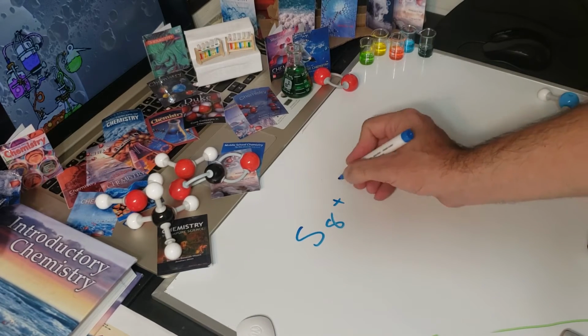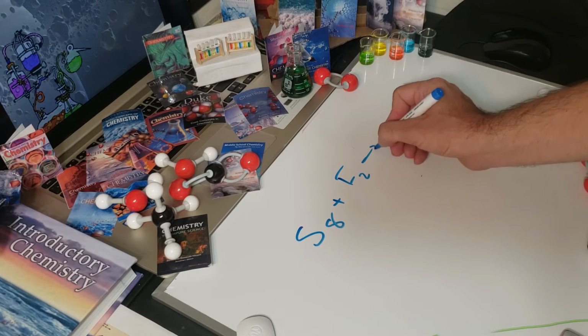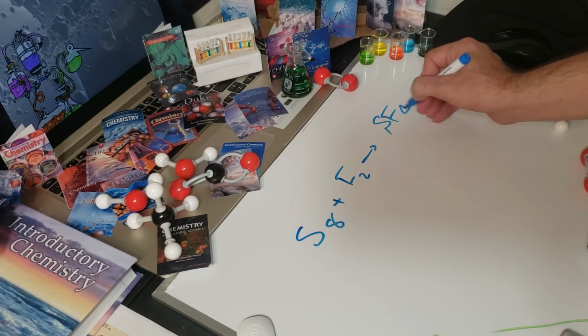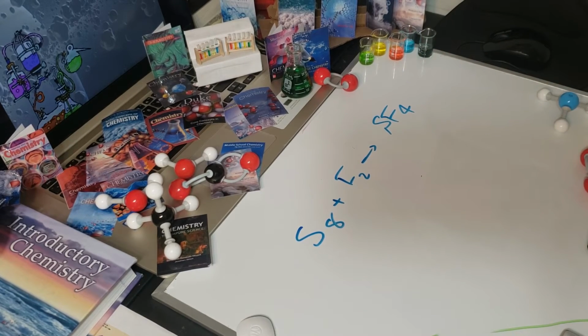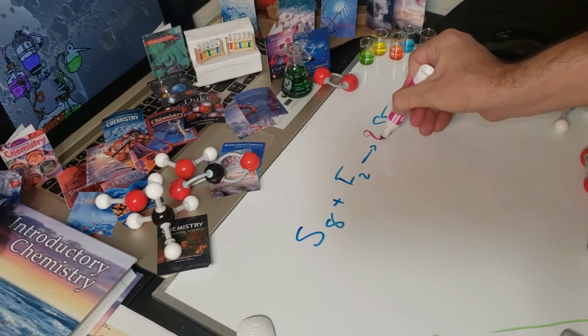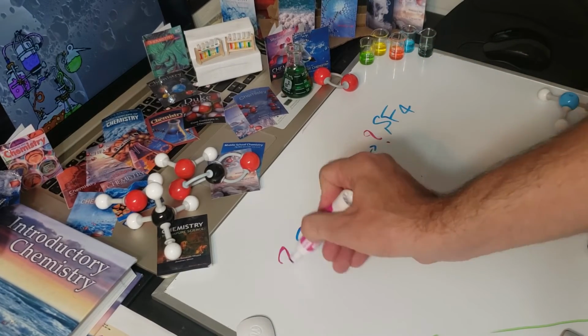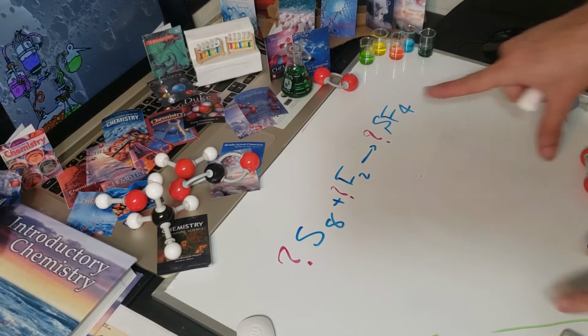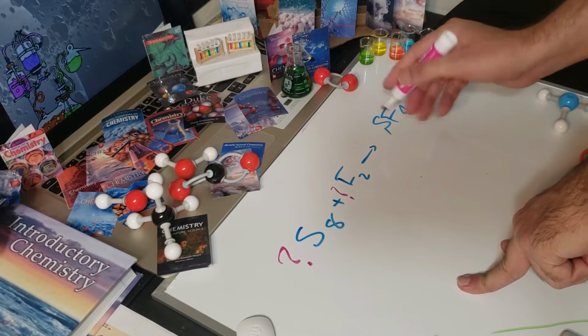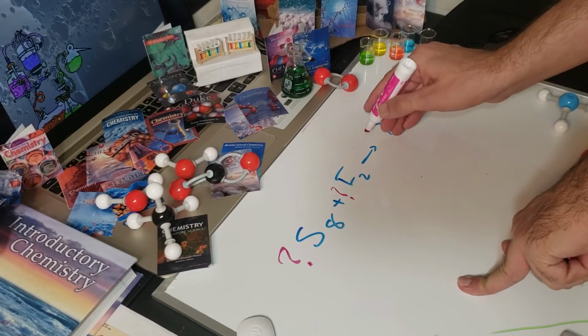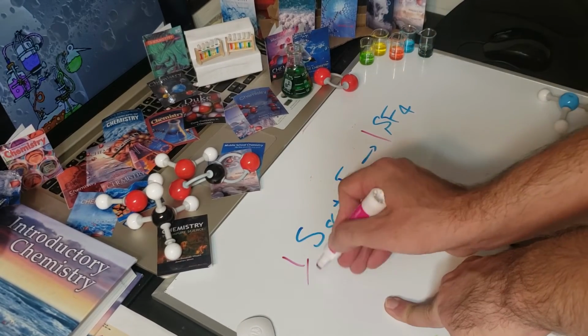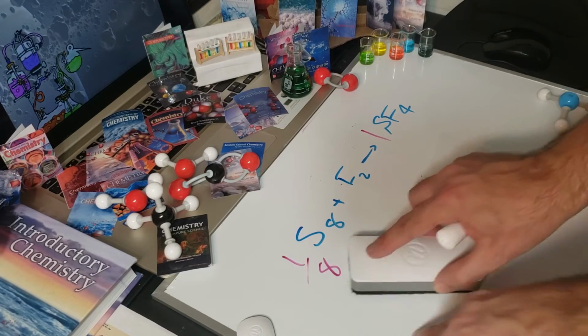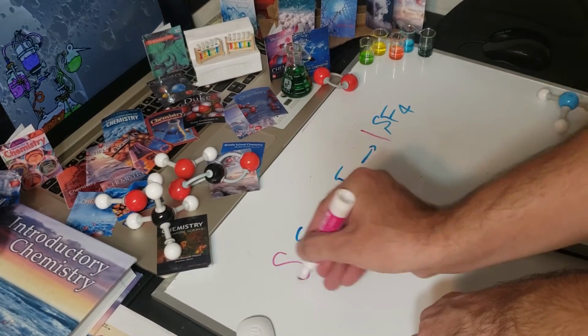S8 plus F2 giving you SF4. Okay, good variety, not maximum, not the variety, not the maximum, and this has maximum but not the variety. But if I start with this putting a 1, that would actually mean that it should be 1 over 8 to make that, and I have to multiply everything by 8.